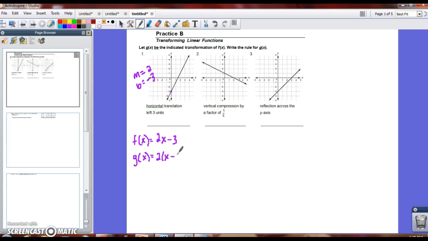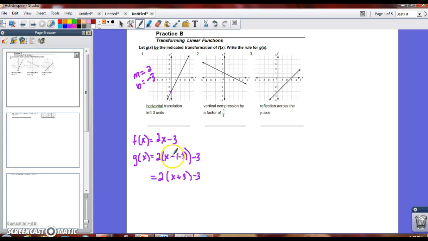So we're doing 3 to the left, which means we have to do -3 there. This is where it sometimes throws people off because this negative times a negative becomes positive. And so this is in fact what we're doing.